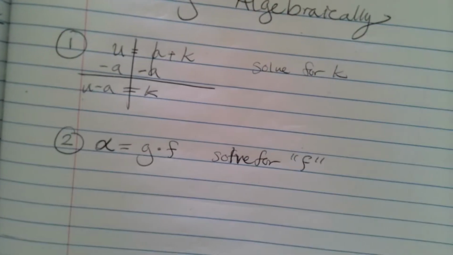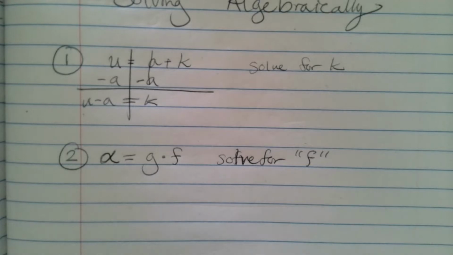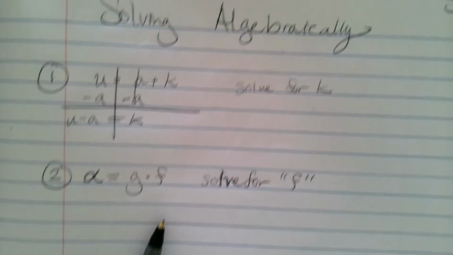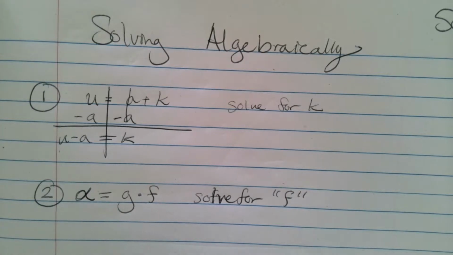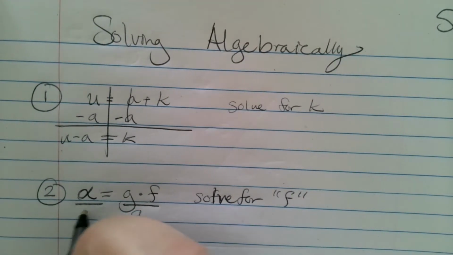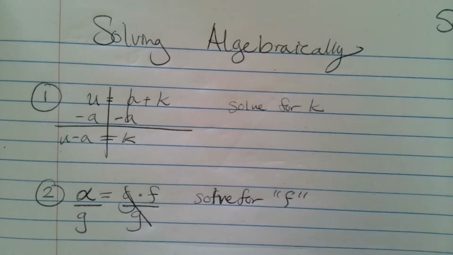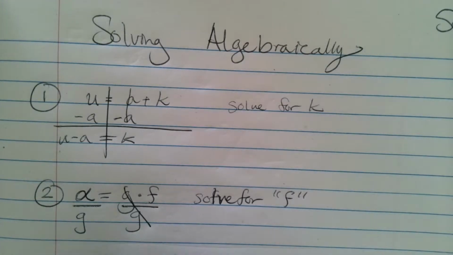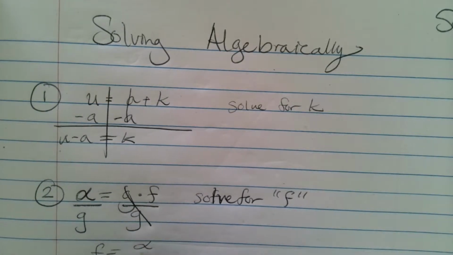What do I need to move? The G, how do I move it? Add, subtract, multiply, or divide? Divide, because that's multiplication. So to undo multiplication, we do division. So then my answer is just F equals alpha over G.